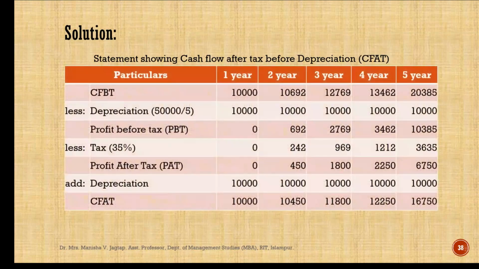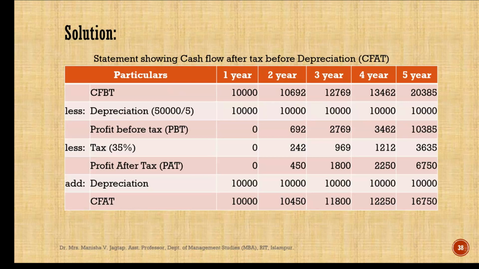In this table you can see again the same column we have created, particulars and 5 years. Then in particulars, cash flow before tax, the information which they have already provided us in the example. We have written less depreciation.